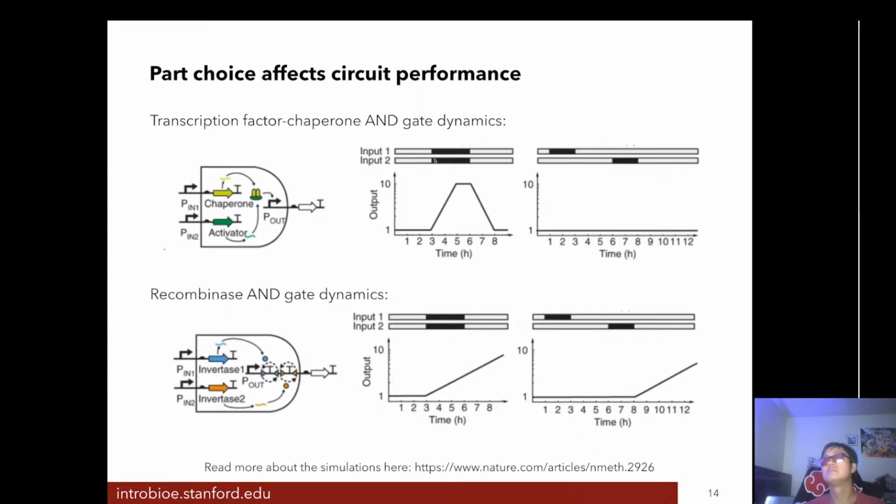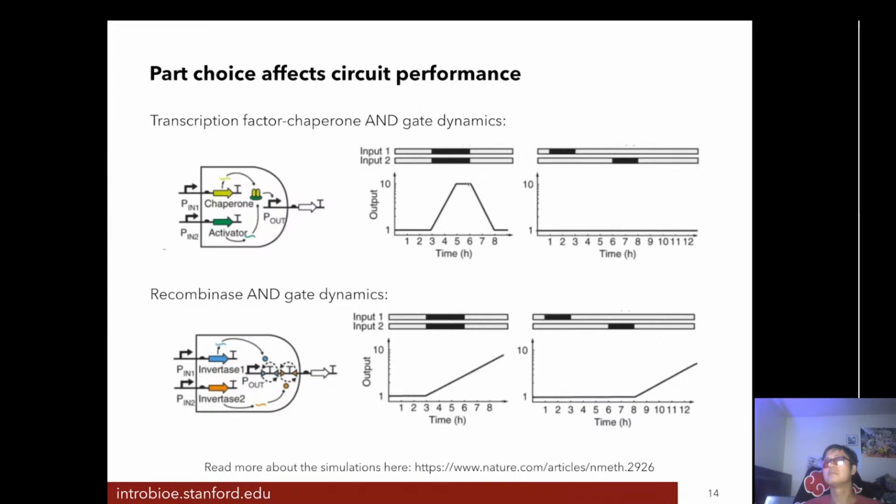So you add both of them together, then you will get expression of both your chaperone and your activator, your transcription factor, at the same time. Those things will bind to the promoter and initiate expression of your output gene. And so you'll see an increase in the amount of your output over time, and then it will eventually hit a saturation. And when both your chaperone and your activator are still being expressed, it will stay on.